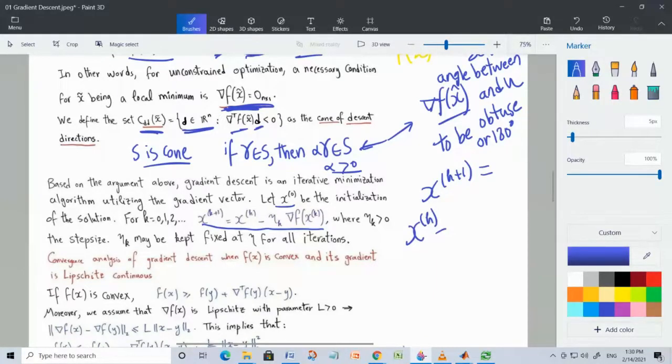The step size can depend on k, but in the analysis below I will just take it to be constant. That minus sign means that you are moving opposite to the gradient. And the step size should be strictly positive. If the step size is 0, then you are stuck at a certain point.